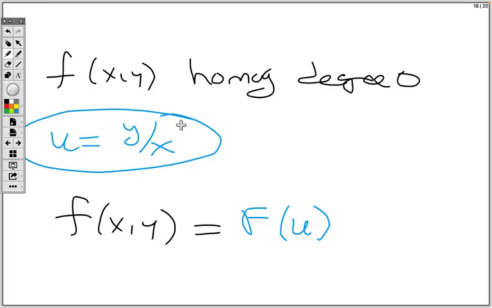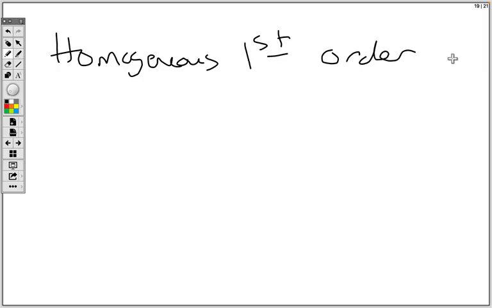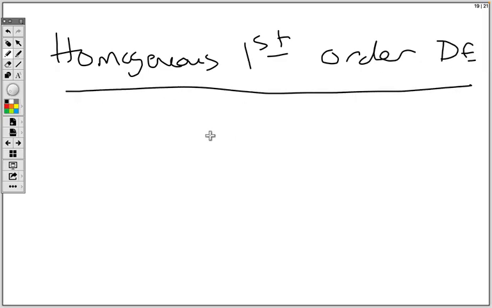So why would we want to do such a thing? Well, now it's time to define a homogeneous first order differential equation. So this is a new definition here. All right, so this is the nonlinear version of that.